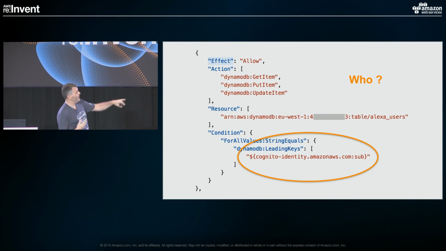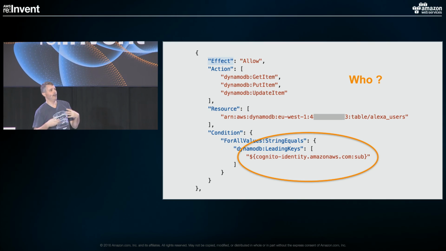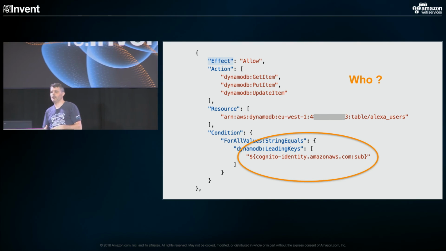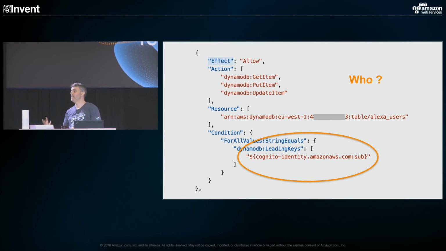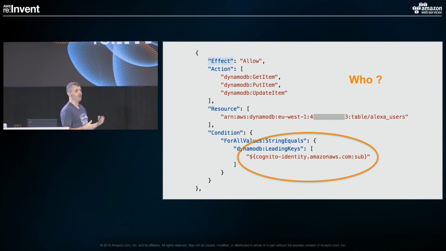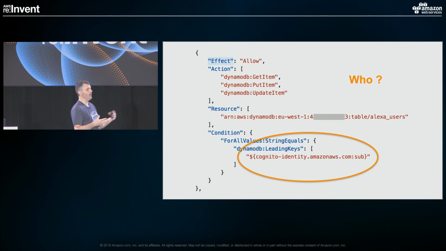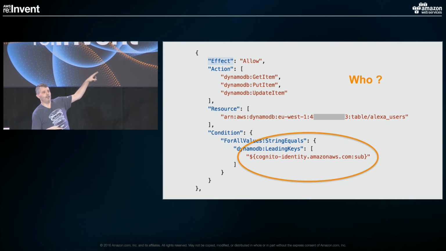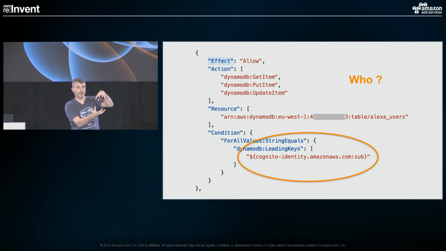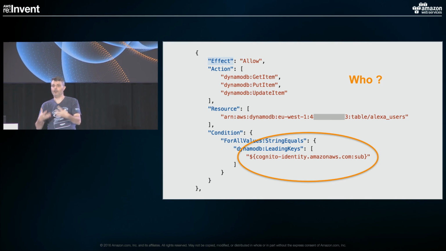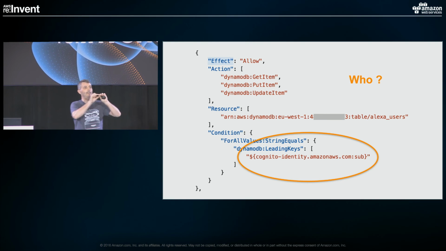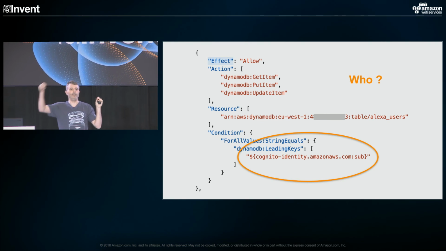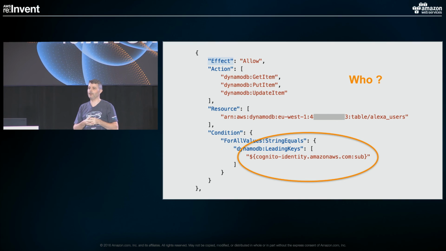So in technical words, the condition there says you can only read and write from DynamoDB if the primary key, if the hash key is actually my Cognito user ID. So if you have a bug in your code or something bad happened, with that permission, someone who is authenticated for your skill that has gone through account linking can only access his profile, and it cannot read other records from DynamoDB.